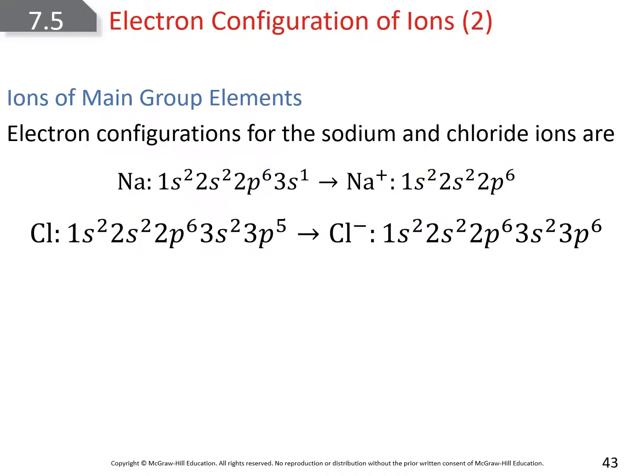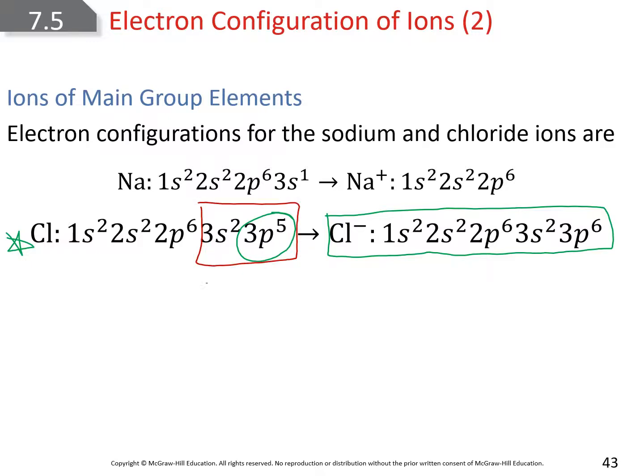The same is true of chlorine. Here is neutral chlorine, and here is the chloride ion. For neutral chlorine, you'll note the p sublevel, which can hold a total of 6, only holds 5 electrons. It is missing one more electron to get to a full octet.